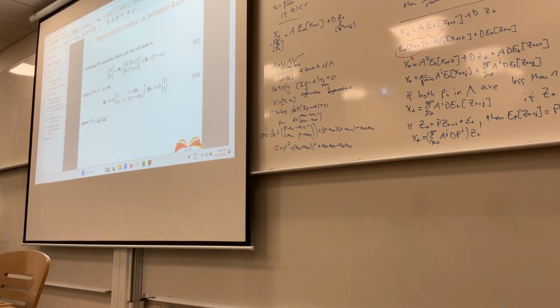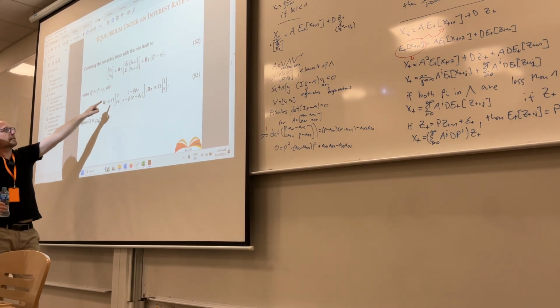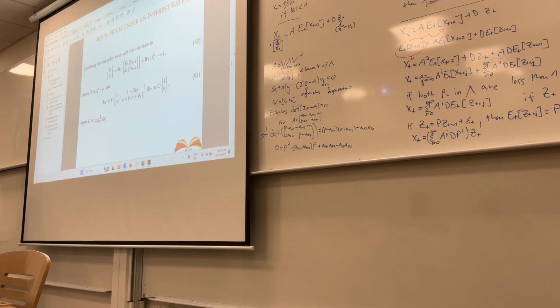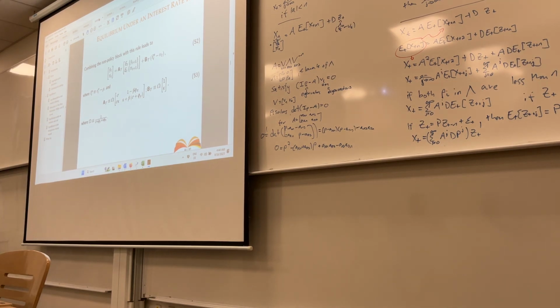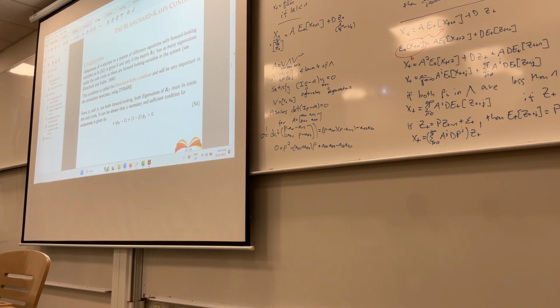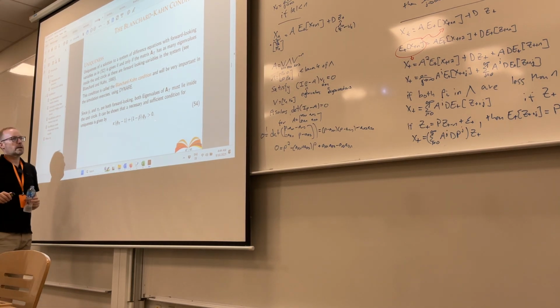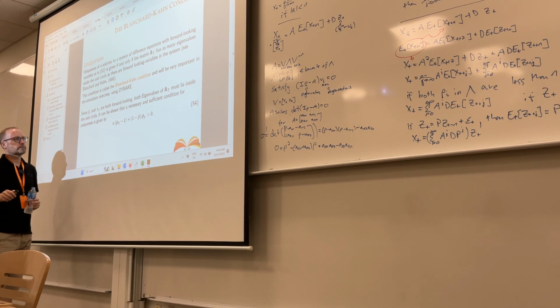It's omega times these four things. We can show that it has two eigenvalues that are less than 1 in absolute value if and only if this inequality, in 54, holds.